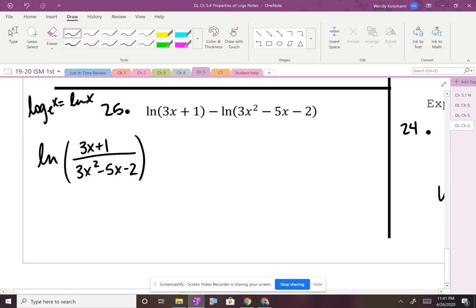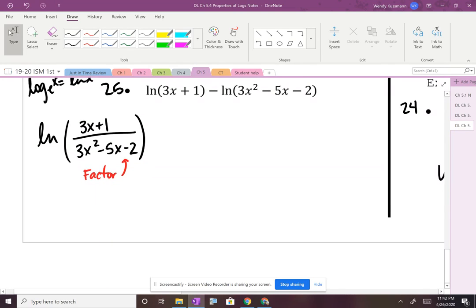Now here's the thing. We've done rational functions before, right? With the fractions and all the asymptotes and all that kind of stuff. You're going to have to see if this reduces at all. So what I need to do is factor these. So I'm going to take a second and factor this guy. So I have 3x squared minus 5x minus 2.